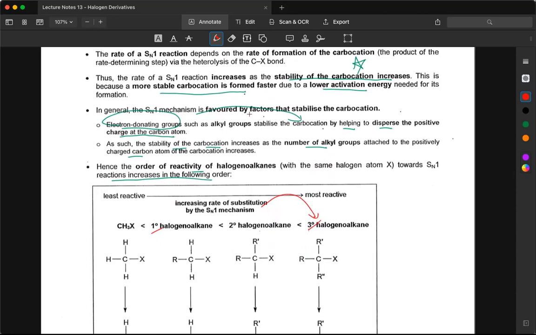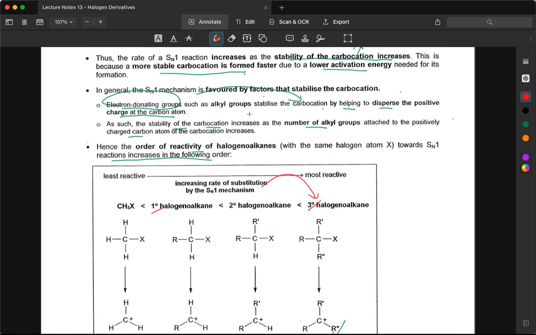So we have electron donating groups like the alkyl groups, which help to stabilise the carbocation by dispersing the positive charge of the carbon atom. As such, the stability of the carbocation increases as the number of alkyl groups, which are electron donating groups, increases.